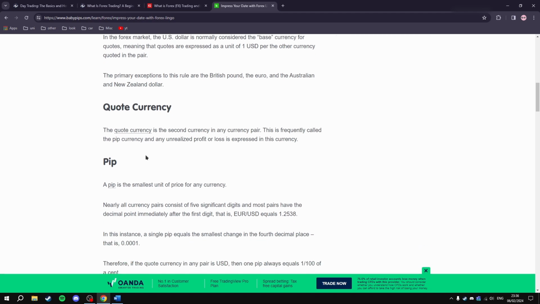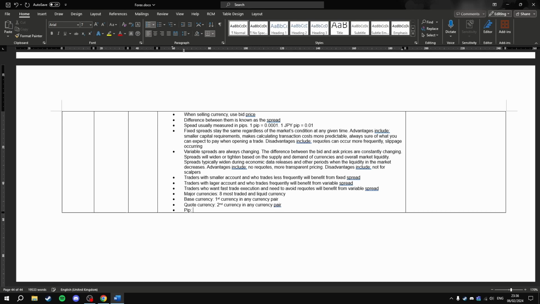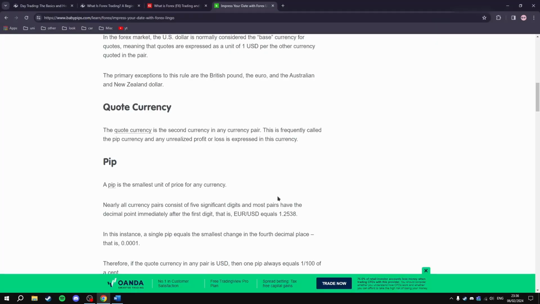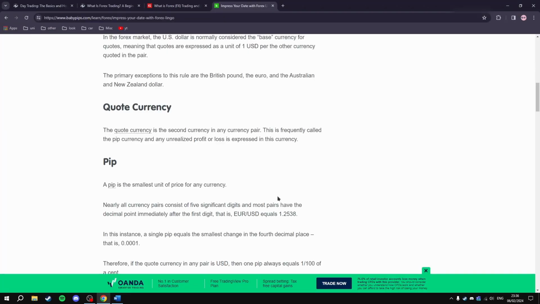And the pip is the smallest unit of price for any currency.